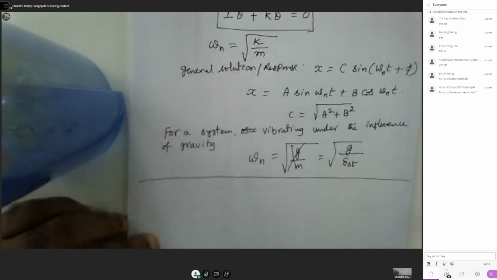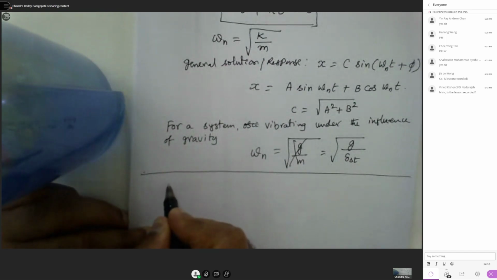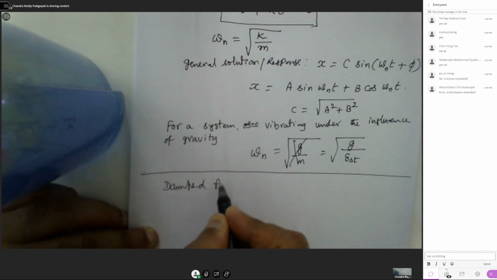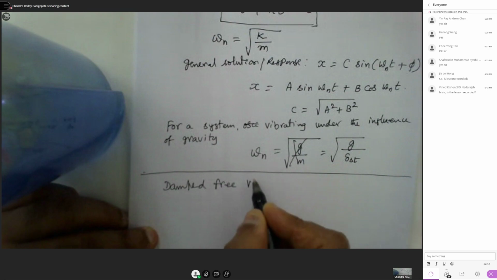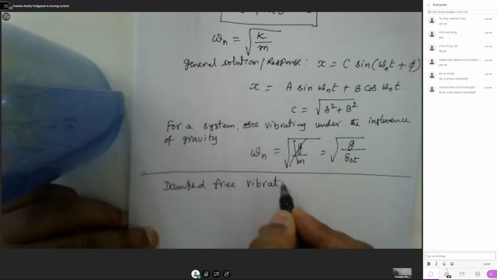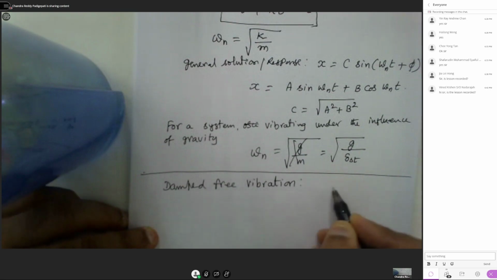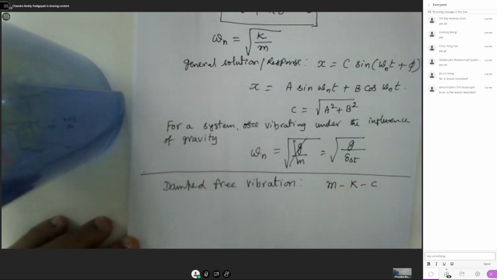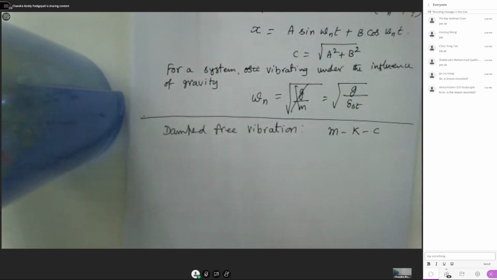So in the last session, we have considered the damped free vibration. In the case of damped free vibration, we have mass, stiffness constant, and the damping constant c. So we studied these three things.